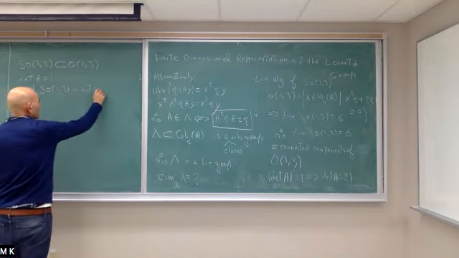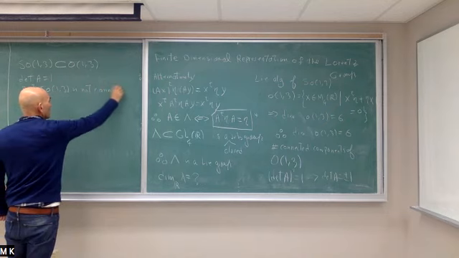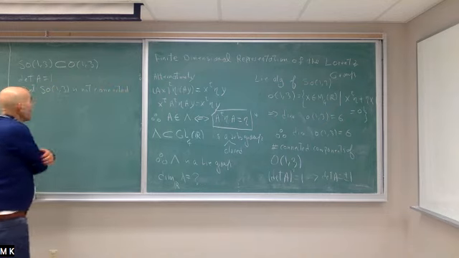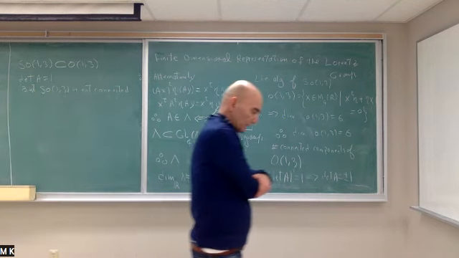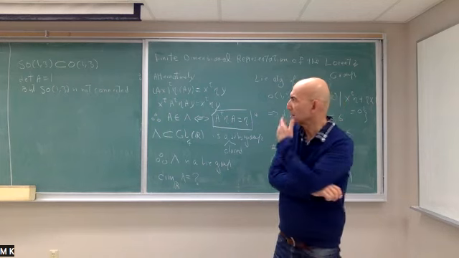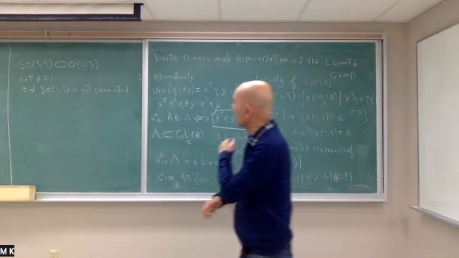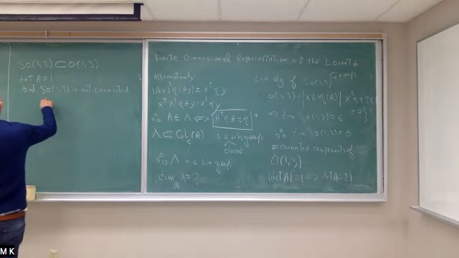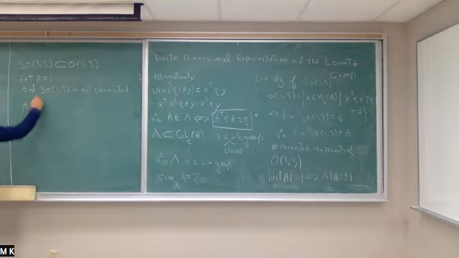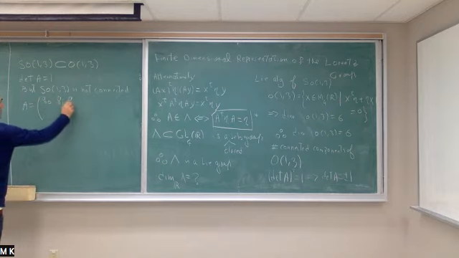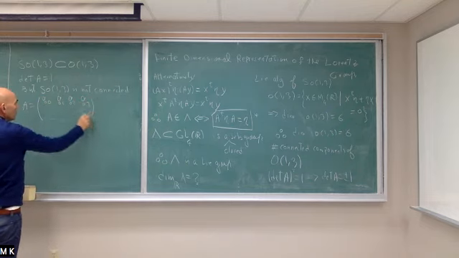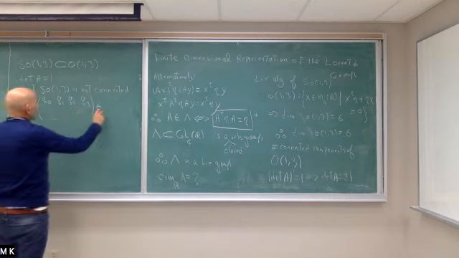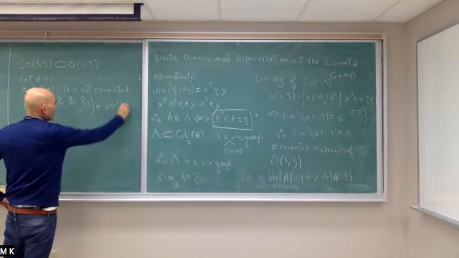One way to see this is the following. Imagine you have a matrix A equal to a00, a01, a02, a03, and so on, belonging to SO(1,3).